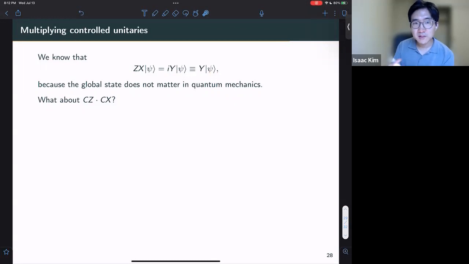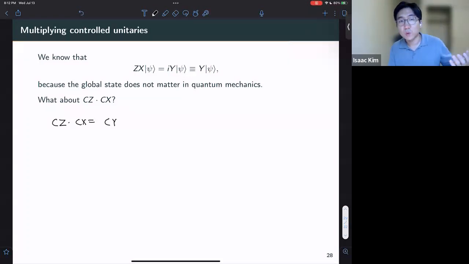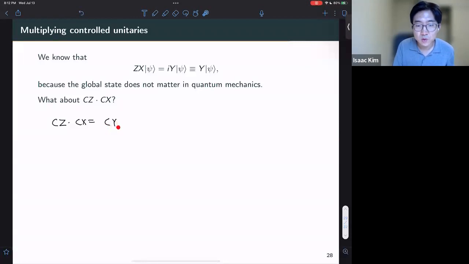But there's some subtlety when it comes to multiplying controlled gates. Let me tell you what that is. I'm trying to warn you of the following. You might be thinking that CZ times CX is equal to CY, controlled Y, because Z and X up to a global phase is equal to the Y operation. So it's plausible to think that this is true.